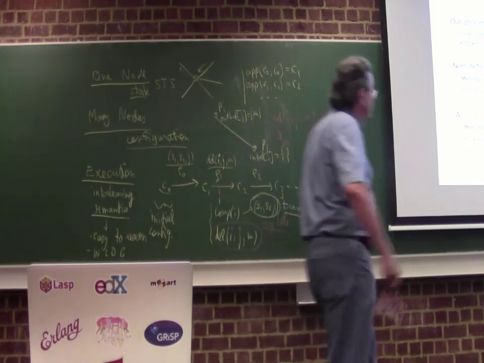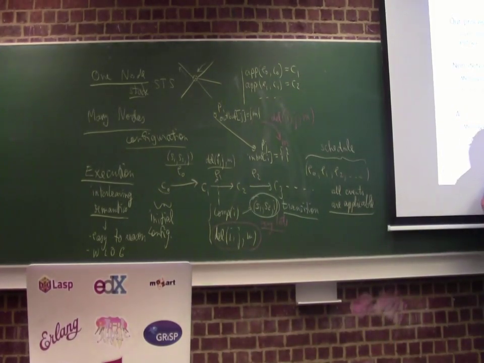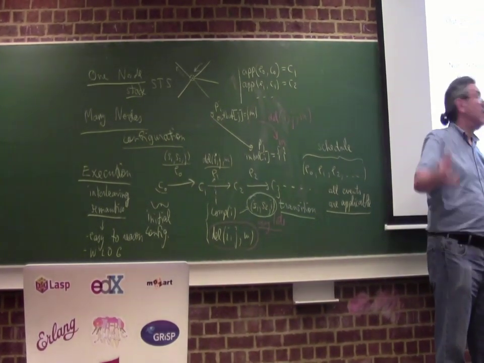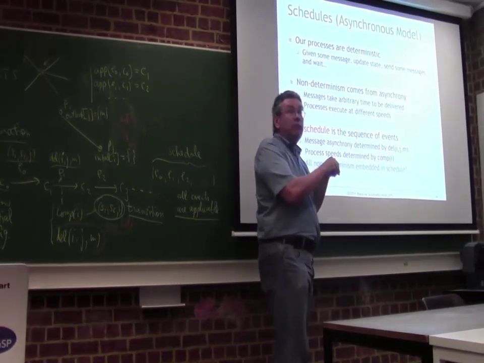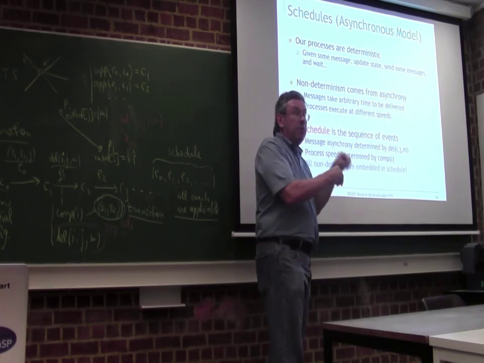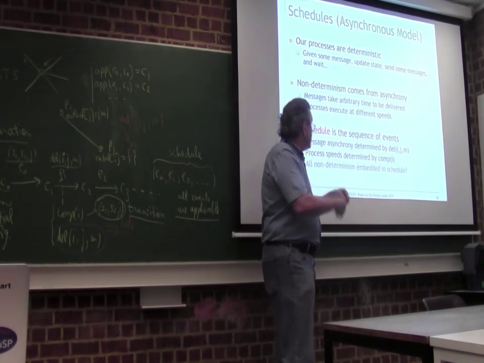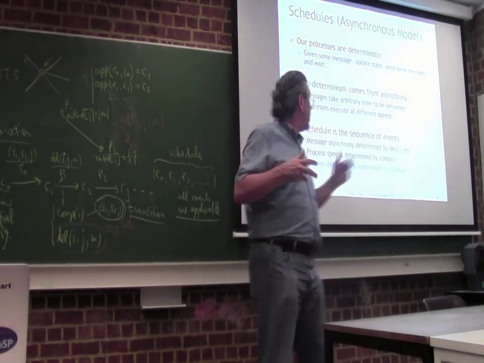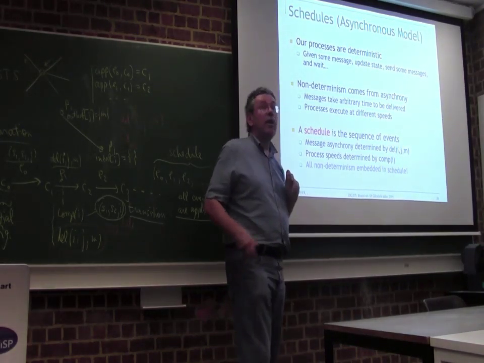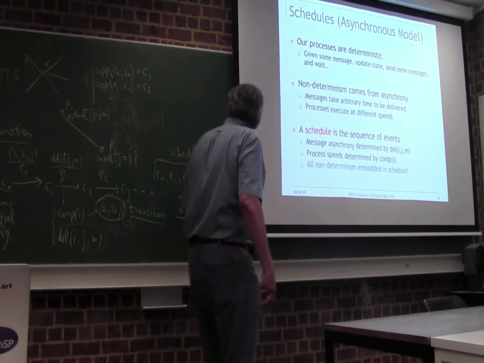The dels, we can delay them. It's not because M is in the outbuff that we have to do it immediately. We can do a comp event and another del event. So this del IJM, we have many possibilities for doing it. It can be delayed. Okay? So there's many possible schedules.